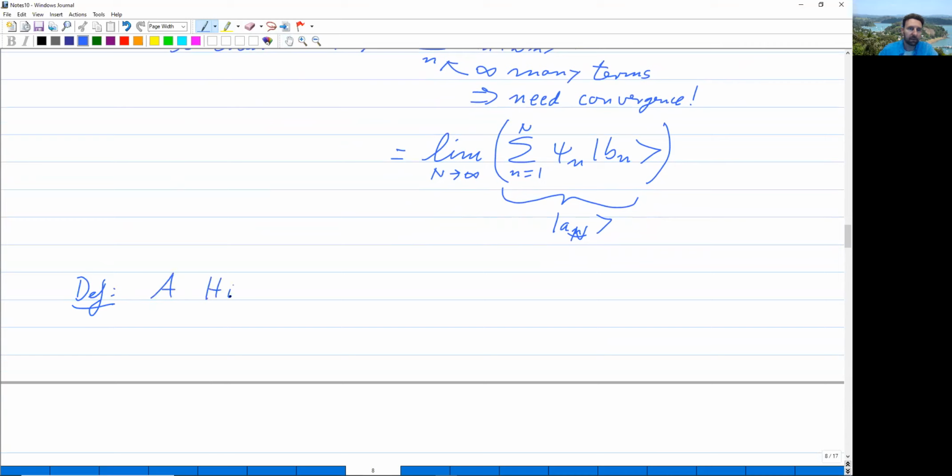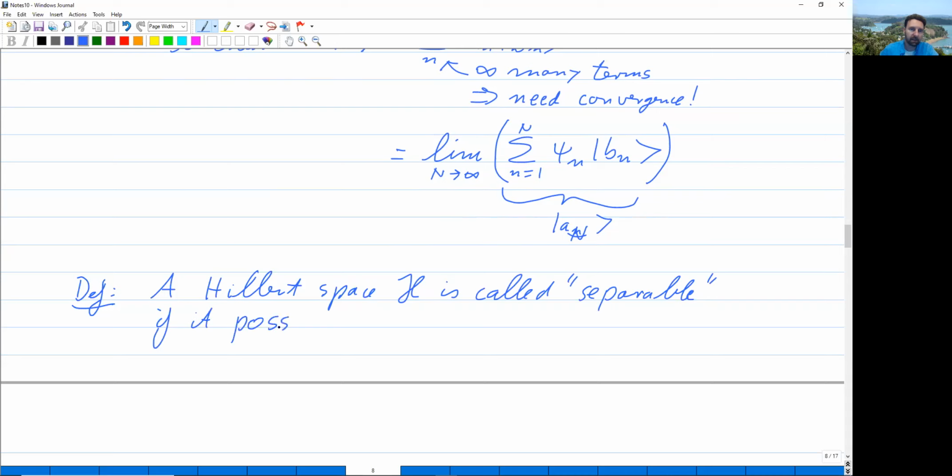A Hilbert space H is called separable if it possesses a Hilbert basis which is countable, so that we can count the first Hilbert basis vector, the second basis vector, the third basis vector, etc. Even if it's infinitely many, they need to be countable.